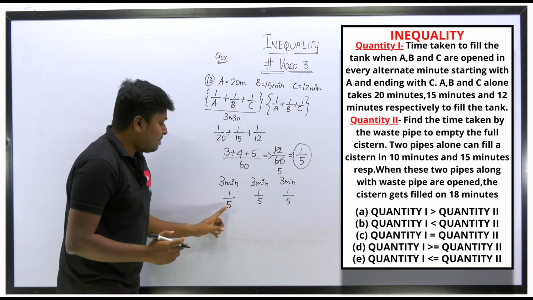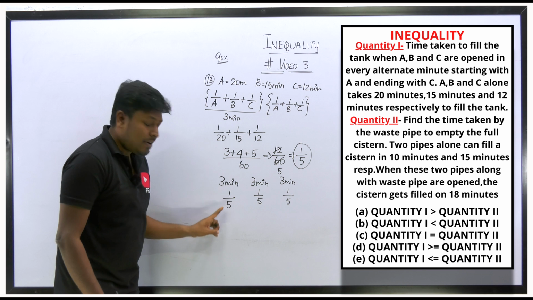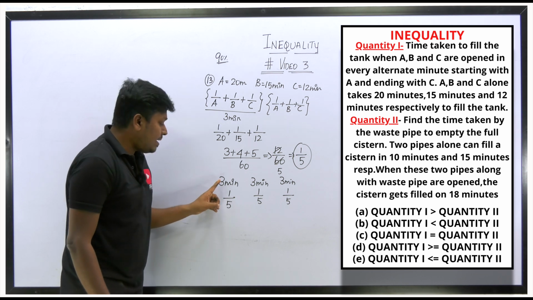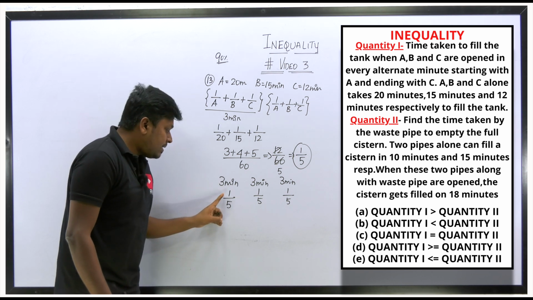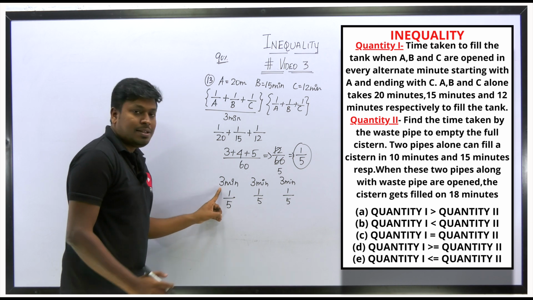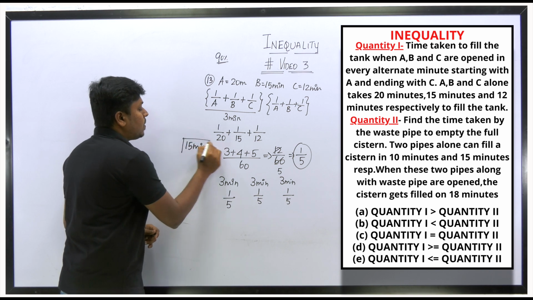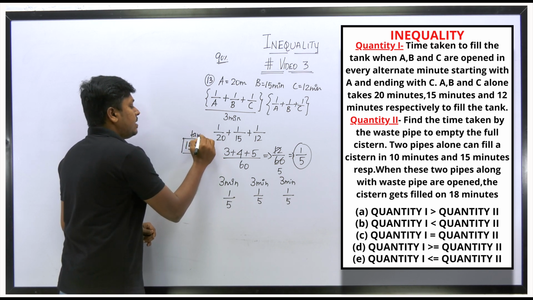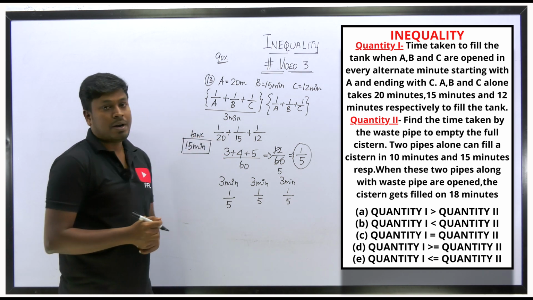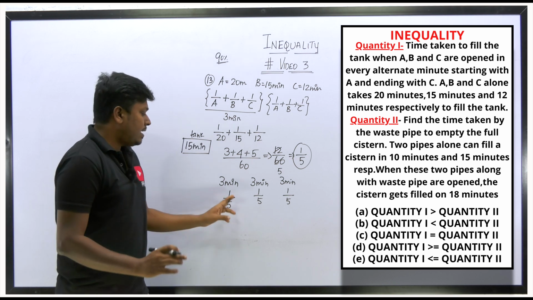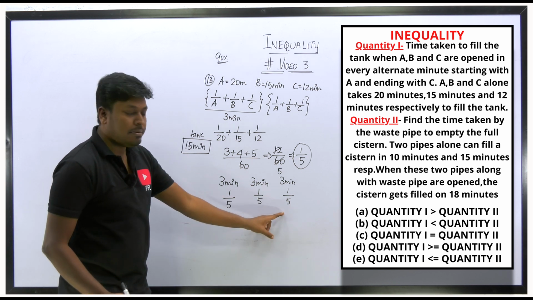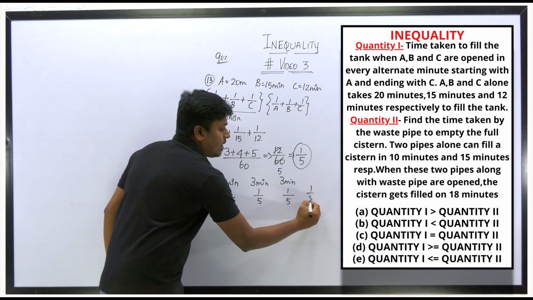So 1 by 5 part of the tank gets filled in 3 minutes. So the total tank will be filled in 5 into 3, that is 15 minutes. So in 15 minutes the total tank will be filled. This will be the answer for quantity 1. So friends, understood, right? It goes on: 1 by 5, 1 by 5, 1 by 5 and another 1 by 5 and another 1 by 5.